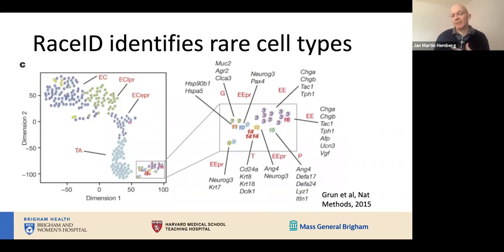One example is the RaceID method, which is originally based on k-means clustering, but has special extra steps that allow it to more carefully look at the outliers and make sure that they actually correspond to real biological clusters and not technical noise.